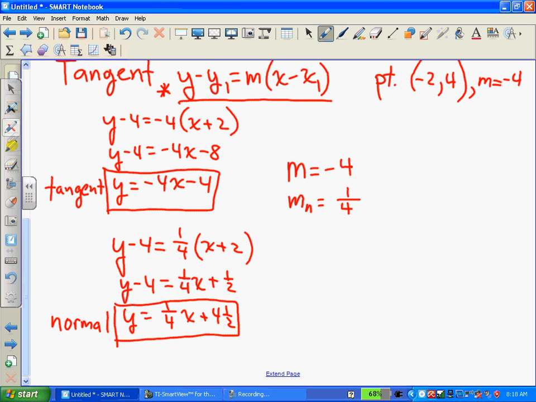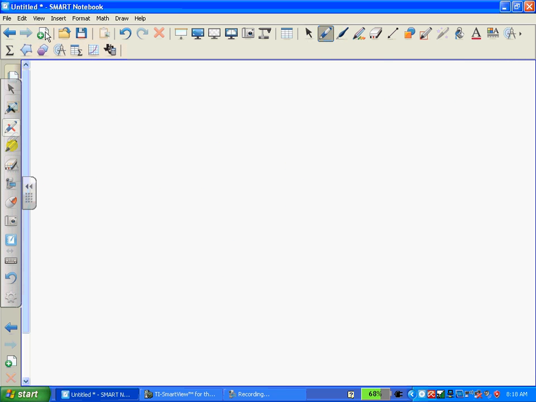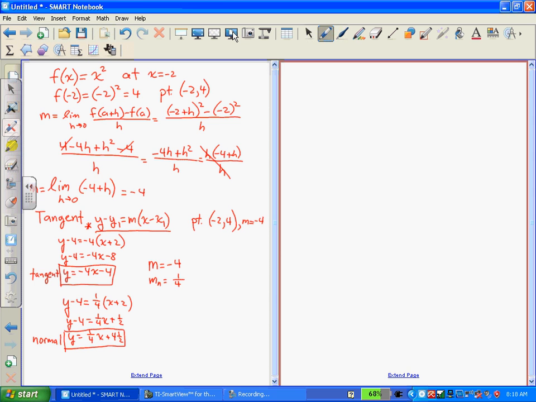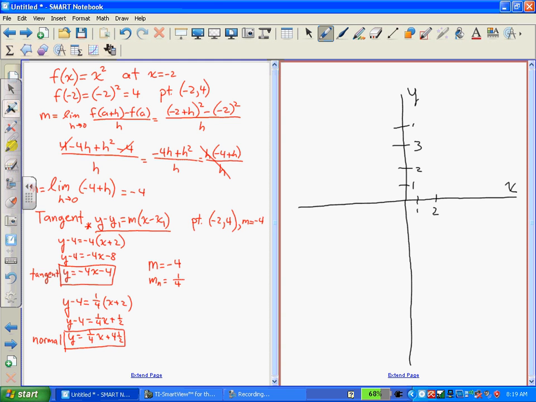What I want to do now is draw a graph of all three on the same set of axes. So let me set up my axes. Okay, -1, -2.